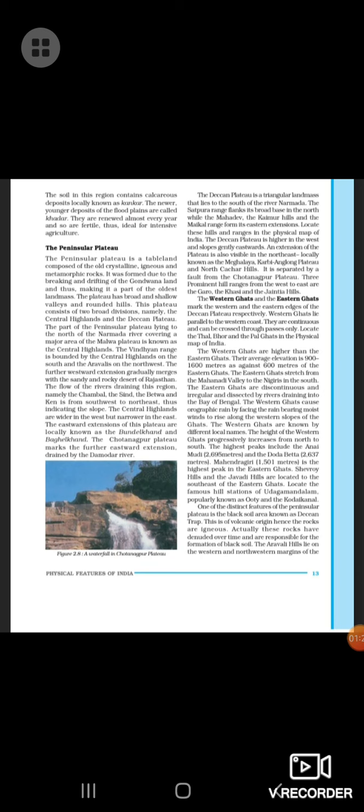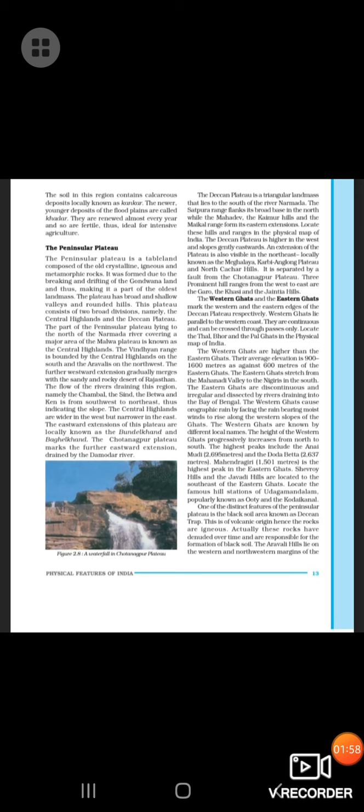Now let us discuss some important facts about this type of landform. First of all, the plateau consists of two main divisions, the Central Highlands and the Deccan Plateau. The part of the peninsular plateau lying to the north of the Narmada river, which is near Gujarat, I will be discussing the rivers in the next section.